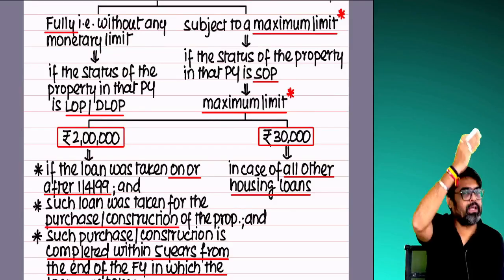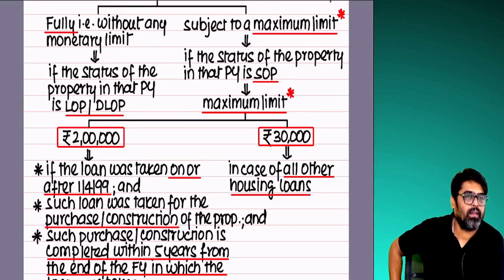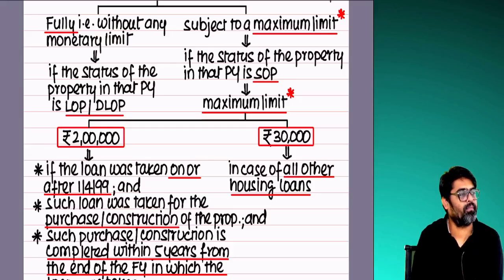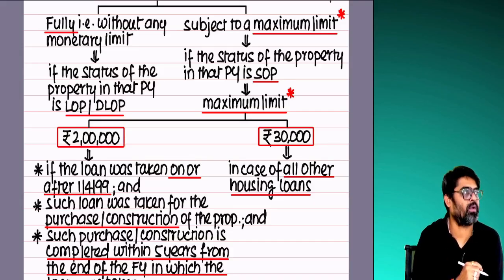While showing the calculation in that format, I told you that this applies if the interest relates to your let out property or deemed to be let out property. What was the status of the property? LOP, DLOP. For this property you have taken the loan.